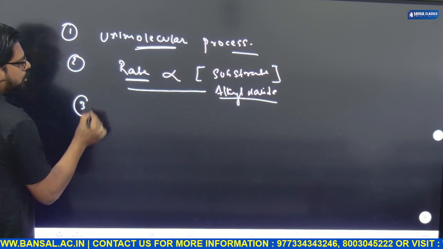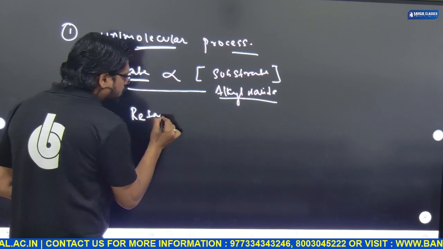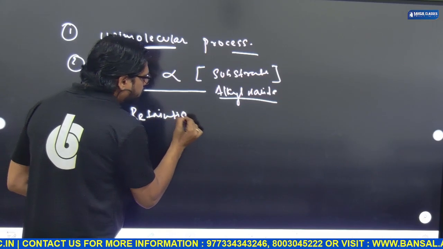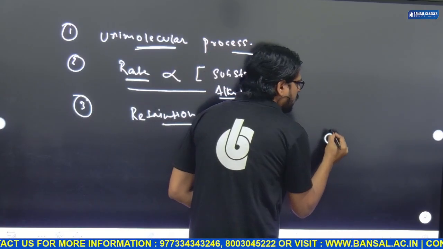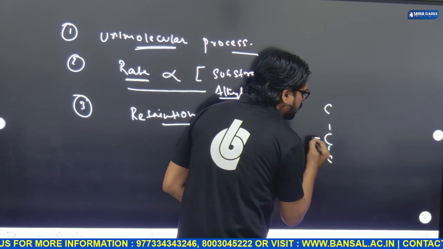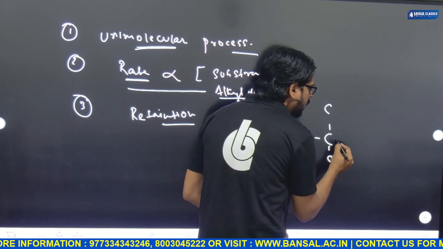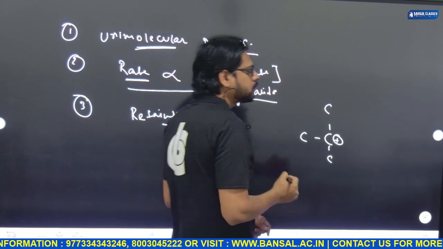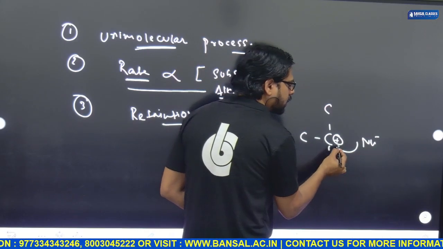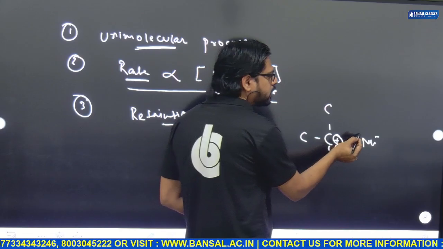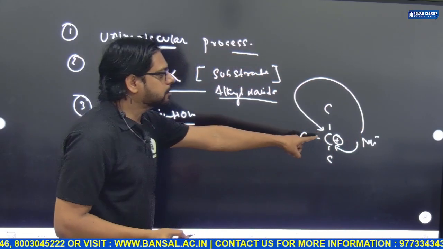Now we have also seen that it will retain its position, retention, but we need to see one more thing. Let's take the same example. Again, X has been removed from here and a carbocation is formed. Now the nucleophile can get attracted to this carbon from this side or from the other side.